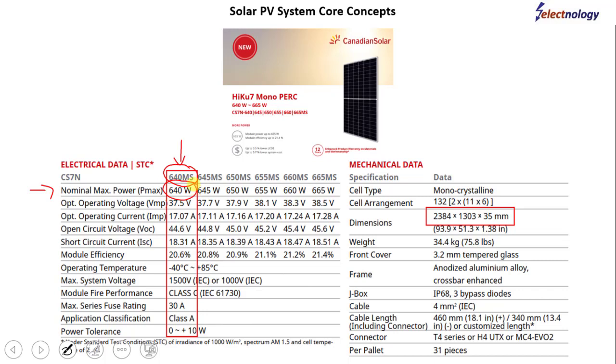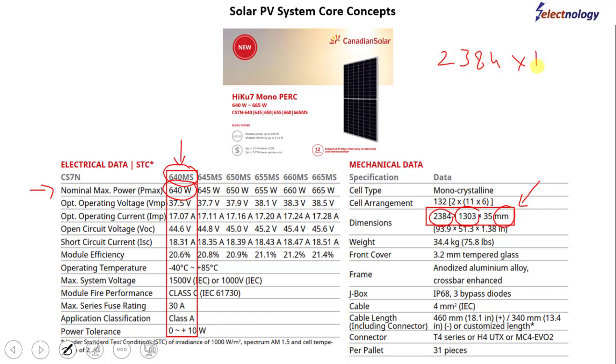Okay, forget about the other parameters, we will discuss them later. Here the size of the PV module is given: 2384 is the length of the PV module, and 1303 is the width of the PV module in millimeters.